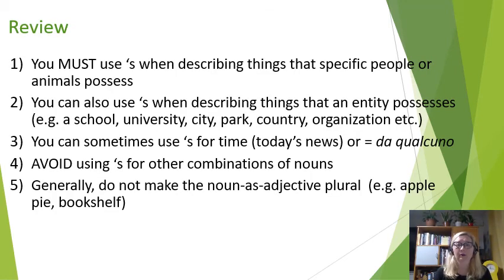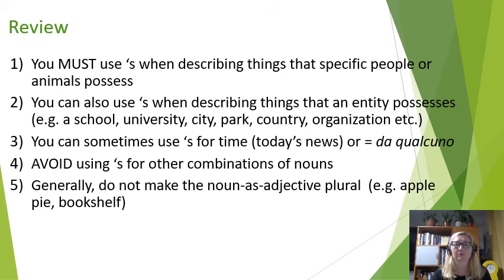Okay, and here's my checklist for review. So remember that when you are describing things that belong to specific people or animals, because pets are linguistically people, if an animal is a member of a family, or even in other cases, honestly, you can refer to animals as he or she and thus possessing.